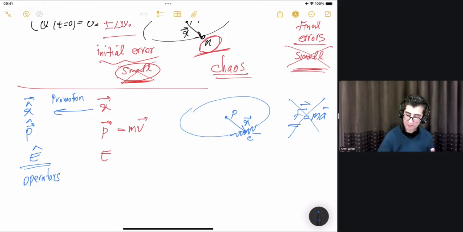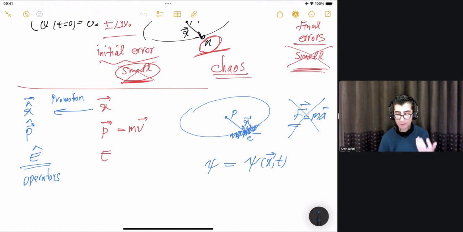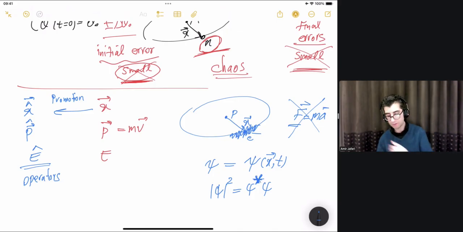You say that an electron or any subatomic particle behaves like a wave, and what we can know about this de Broglie wave is a wave function, which is a function of space and time. Let's call it psi. This wave function is a complex function, and its complex modulus, psi star psi, where psi star is the complex conjugate of psi, gives you the probability density of finding the electron or the particle in a given volume in space.